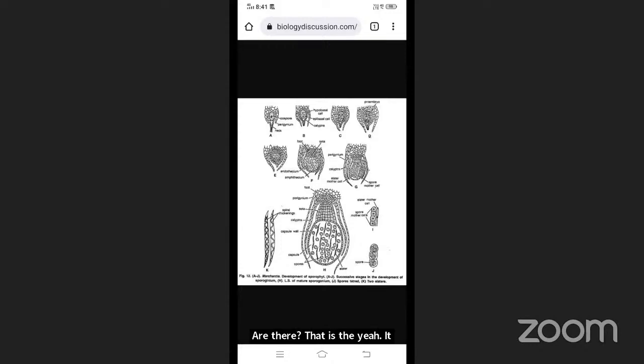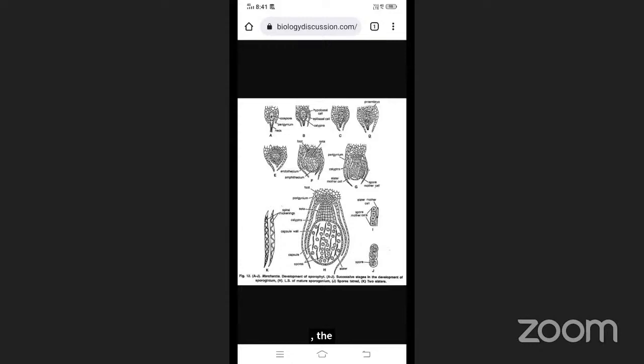After that, one division at a right angle to the first division forms the octant, with two types of 4 cells. The epibasal tier develops into the capsule, and the foot and seta are formed from the hypobasal cells.